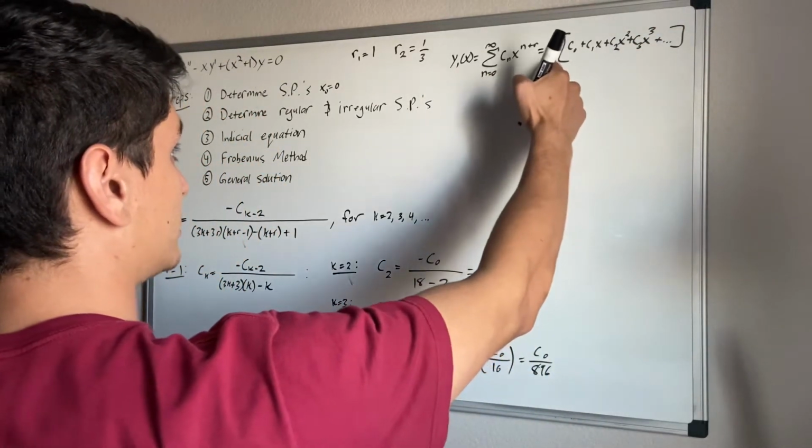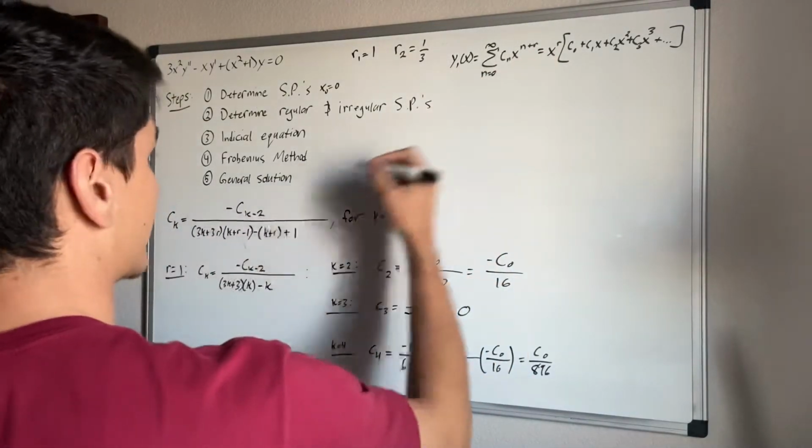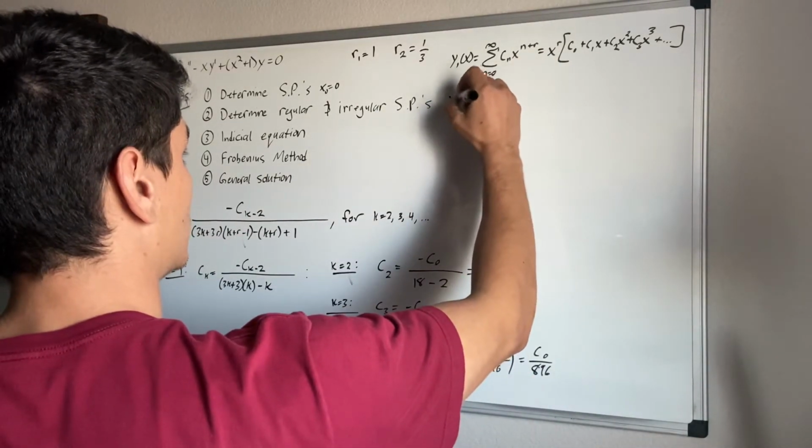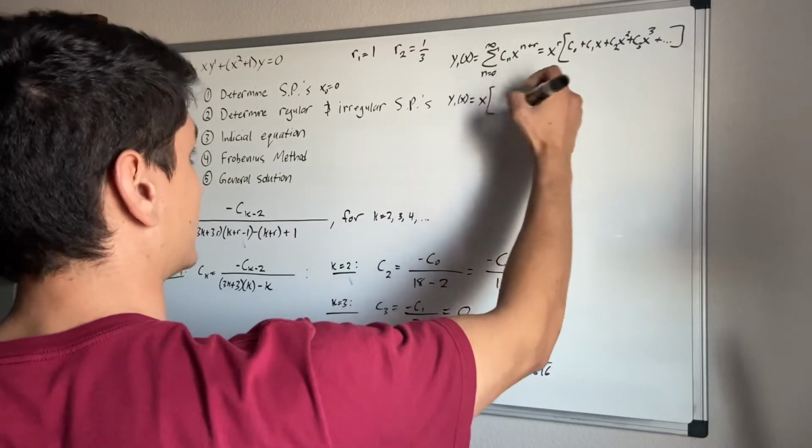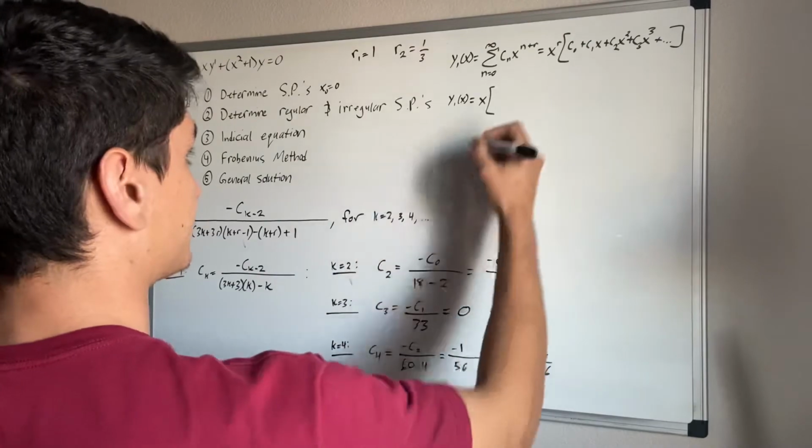So x to the r is x to the 1, y1 of x equals x to the 1 times c0.